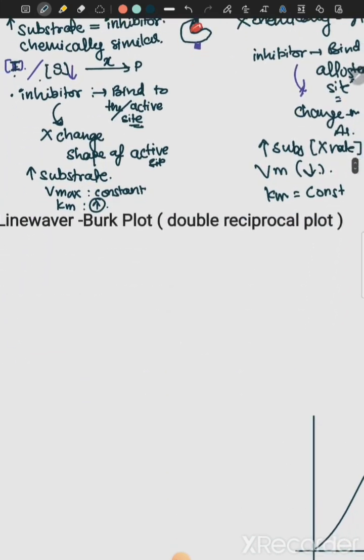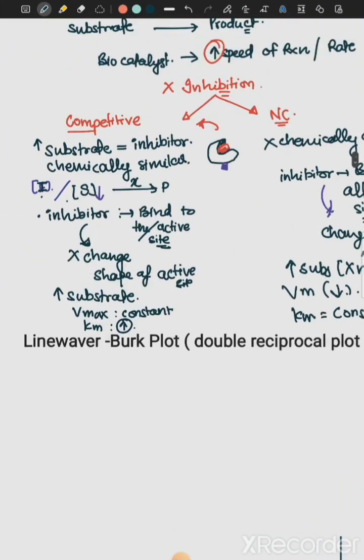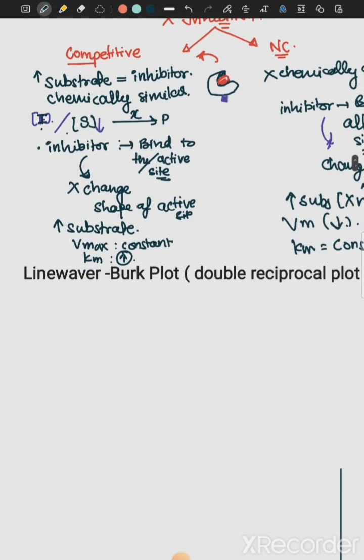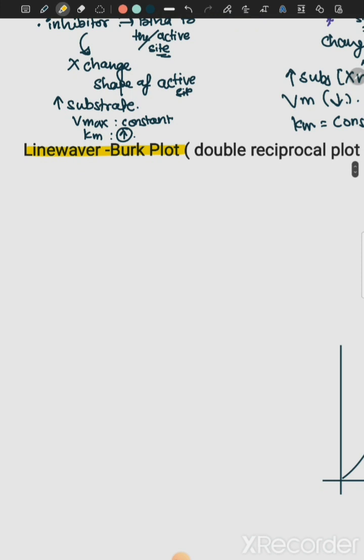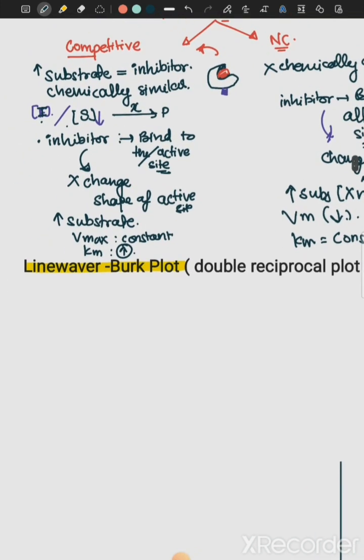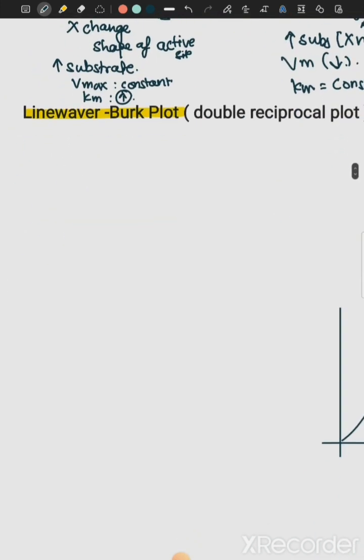Now, going through the given graph, it is a Lineweaver-Burk plot, and I'm coming to what the Lineweaver-Burk plot is. To understand this graph, I told you the inhibition concept. Now to go to the basic thing: when a substrate reacts to form a product, there is some sort of rate.